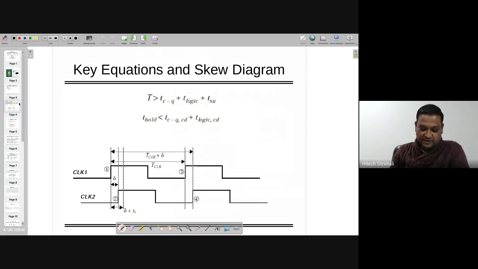By the way, this particular chapter is actually an extension of what you have studied throughout the course. If you remember, in the case of sequential circuits, we were talking about time T, which is acting as a clock period, and it has to be greater than the contamination delay.